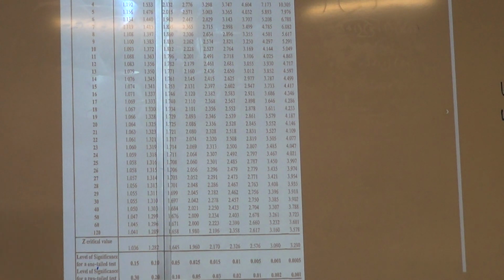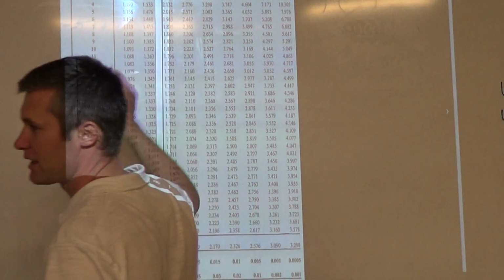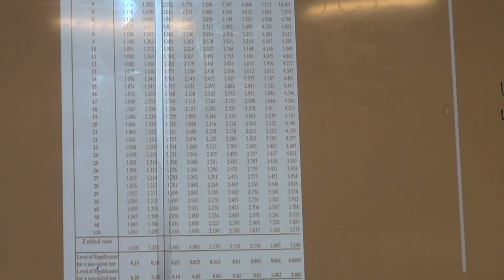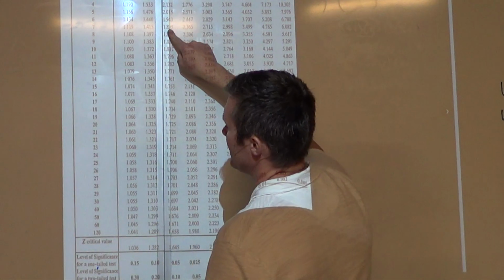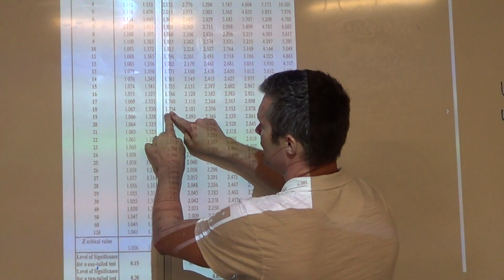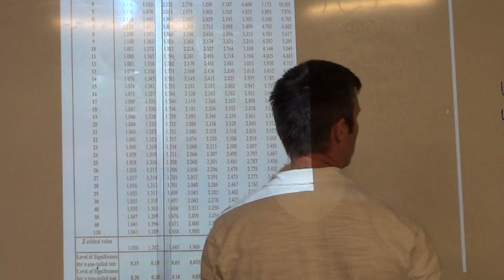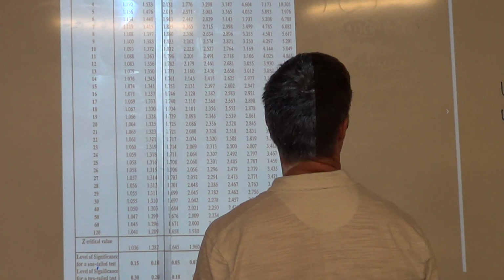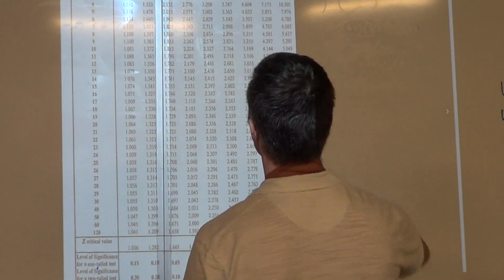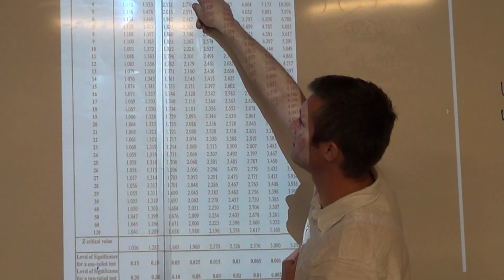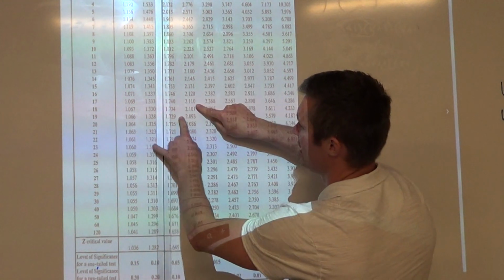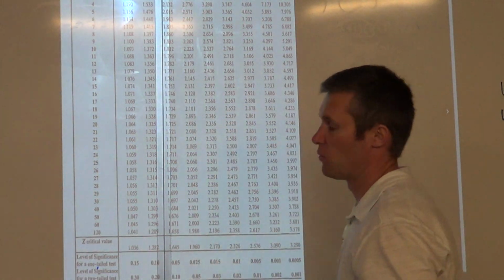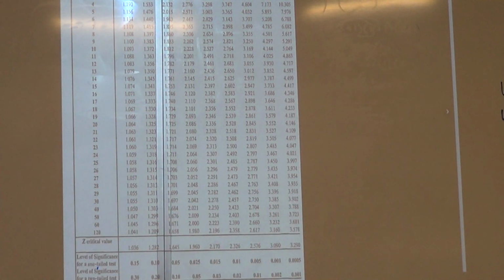So 19 minus 1 is 18. And we're right here at 18.0. Excuse me, it's a two-tailed test, so we divide by 2. At 18 right here, it's 2.101. And that's where you see where I got those.